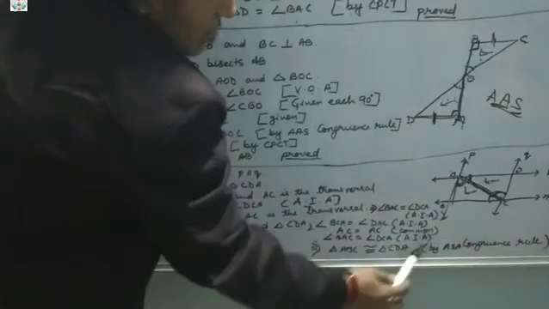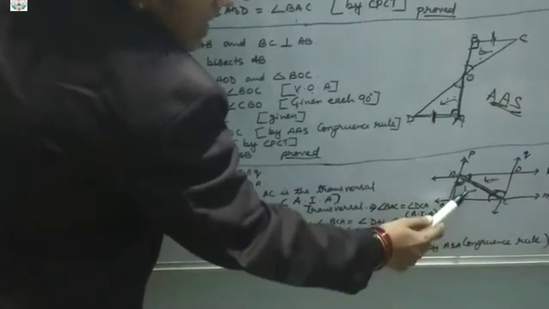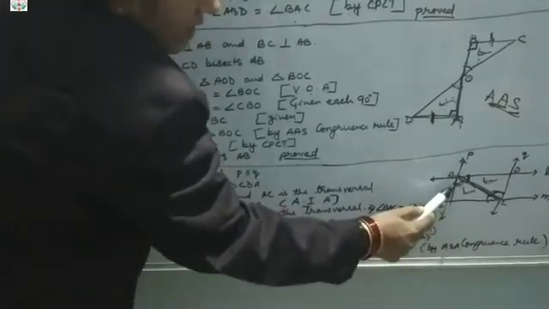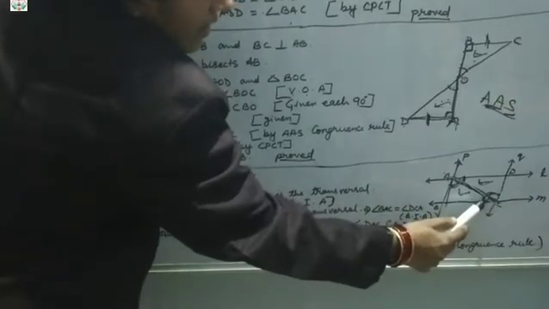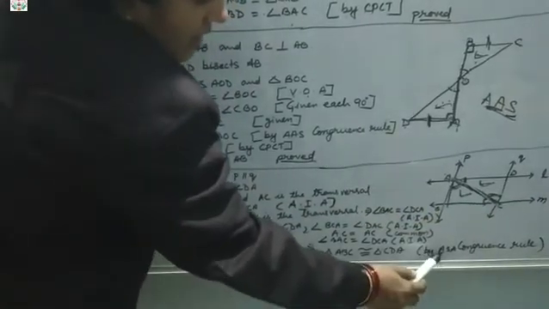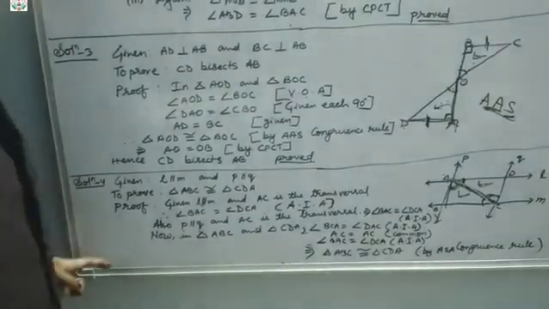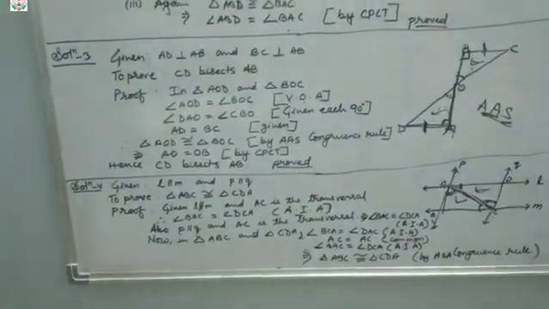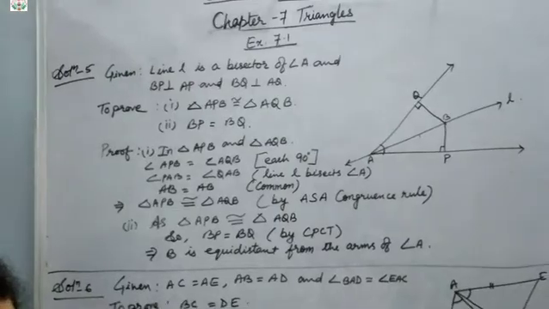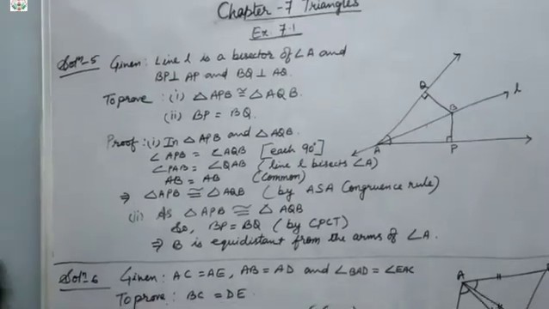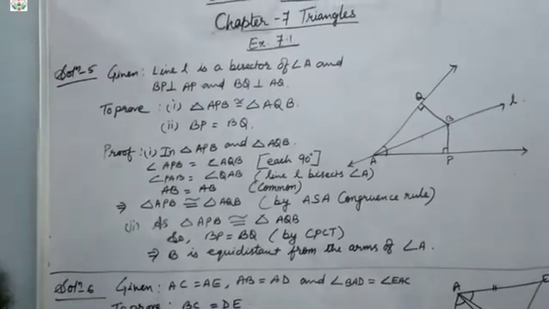These two triangles are congruent by the angle, side, angle congruence rule. Proved.